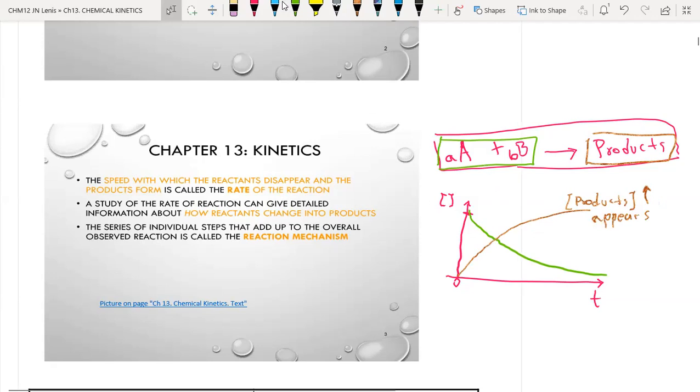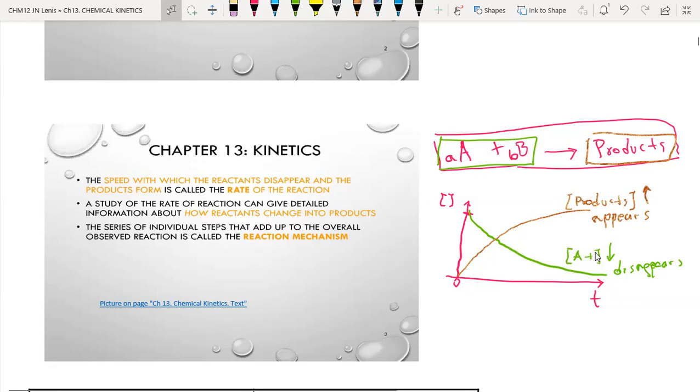And what happened with the concentration of reactives? This one, this is a concentration of A plus B. It starts to go down. And we say concentration disappears. So we can measure the speed at which reactives disappear.